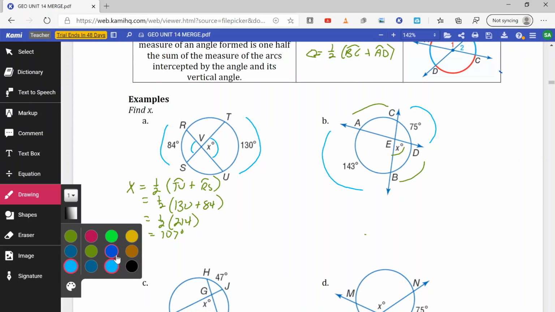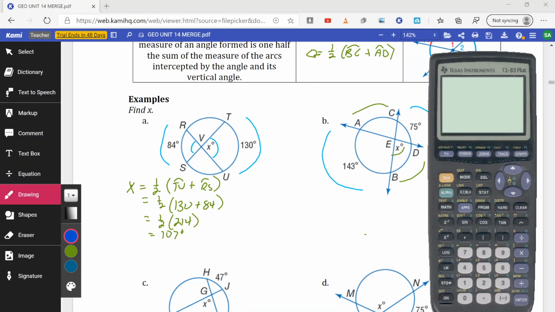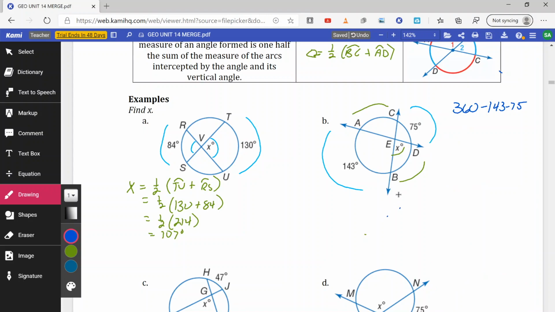So that's going to be step 1. Step 1 is 360 minus 143 minus 75. When I do that, we get a total value of 142 degrees that is left.